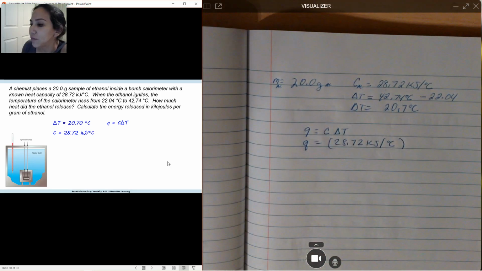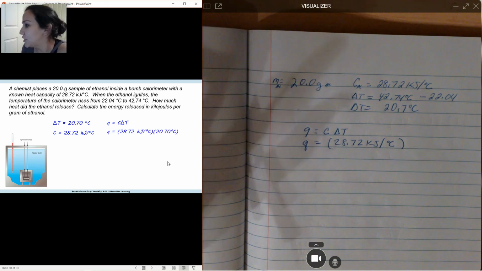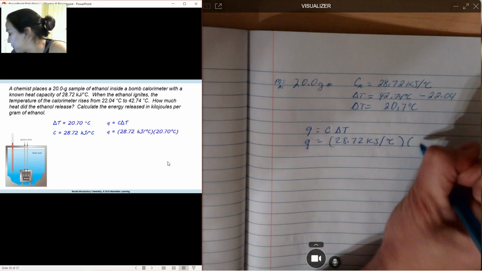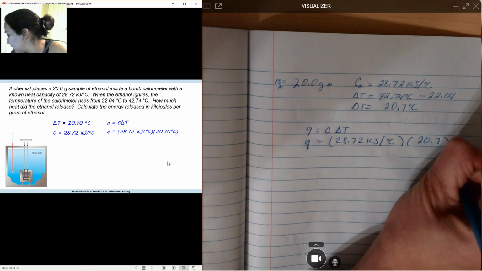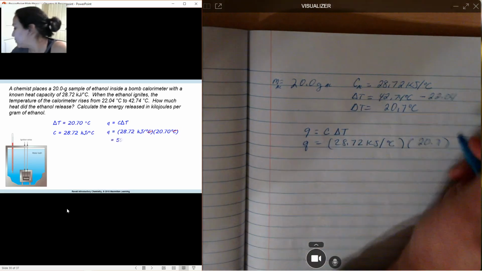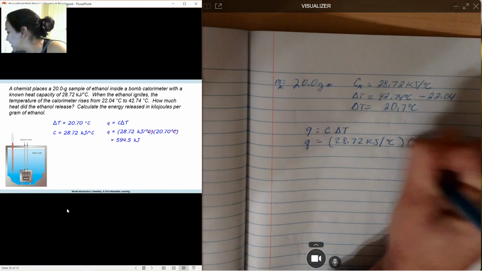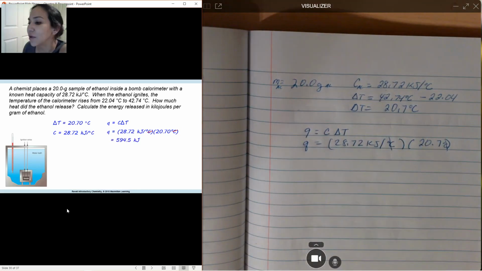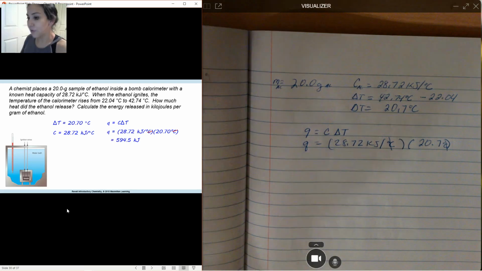And we're going to multiply that by our change in temperature, which we calculated above as 20.7. Make sure your units cancel out. Degrees Celsius cancels out with degrees Celsius, and we're left with kilojoules. And we're going to do the math.